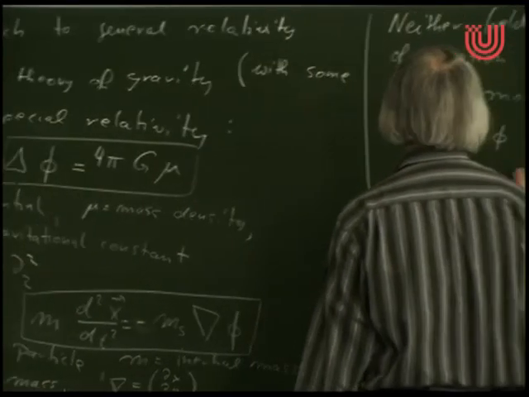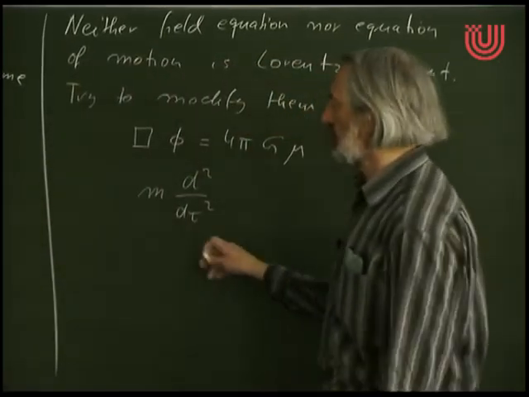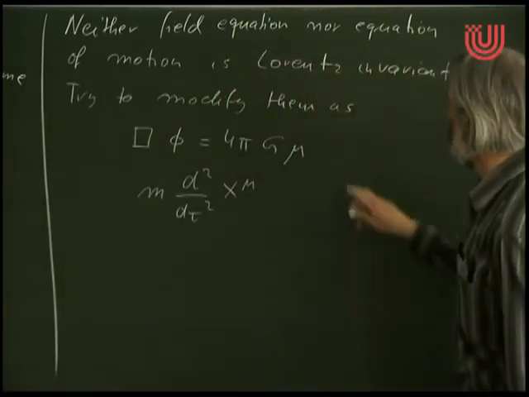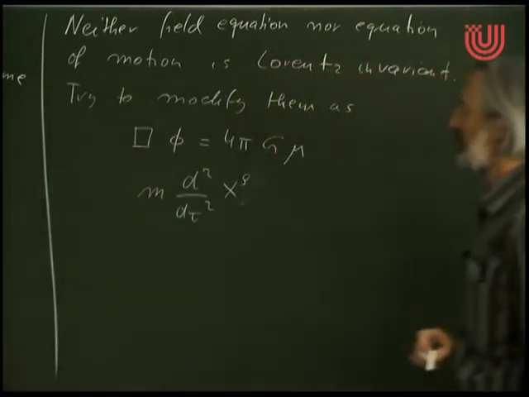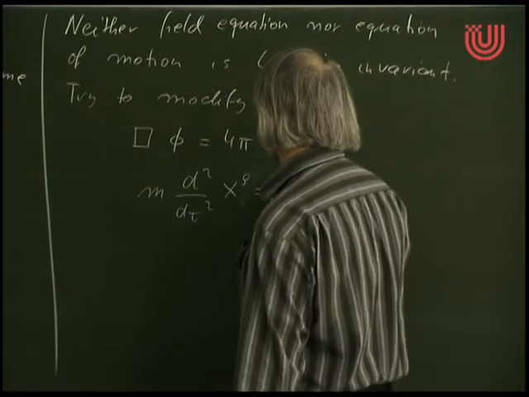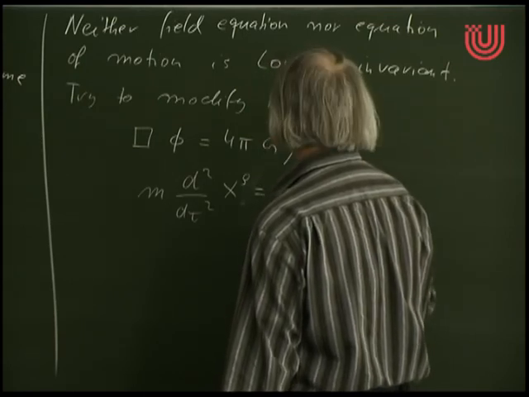So my natural guess would be to write this in this way. The tau squared, proper time now, x mu, and mu takes values, I try to avoid mu in equations where the mass density occurs, rho takes values 0, 1, 2, 3. And then I have minus ms, and this is now d rho phi.